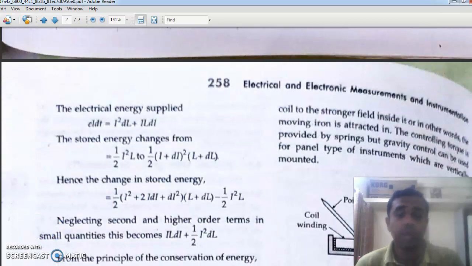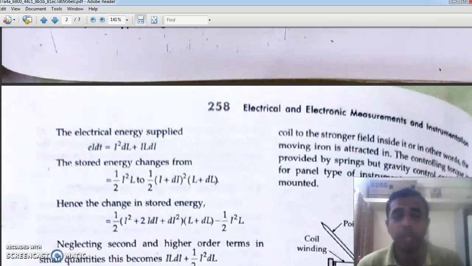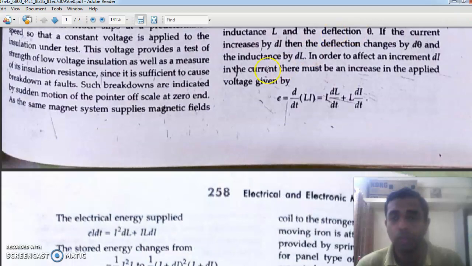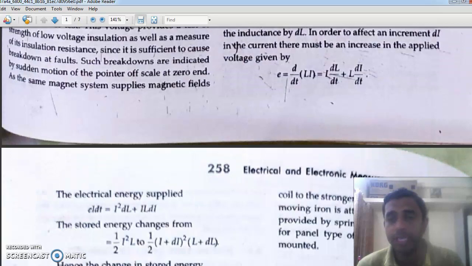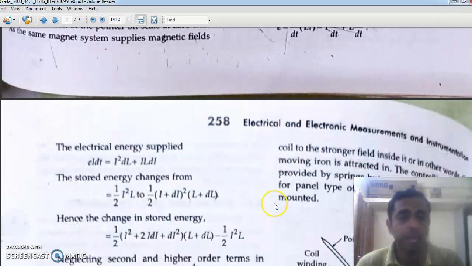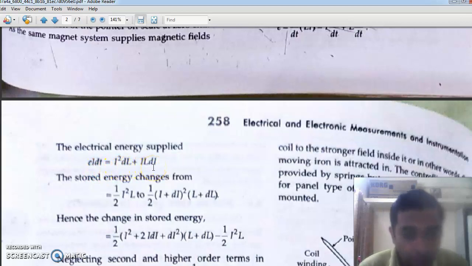Now, what is energy supplied? To this equation, if I multiply both sides by I dt, so I dt here plus I dt here, then dt gets cancelled, and what I get is E I dt is equal to I square dL plus I L di.